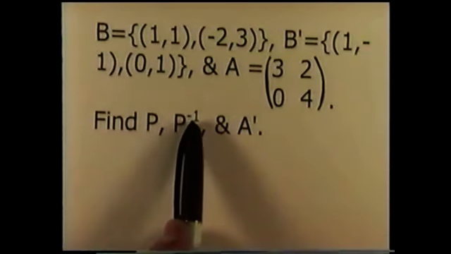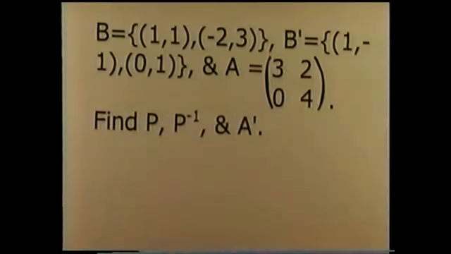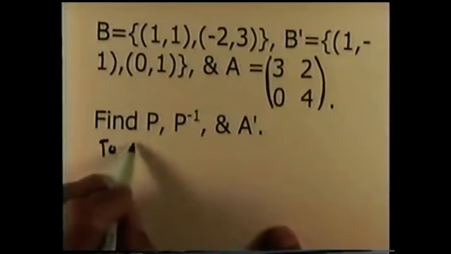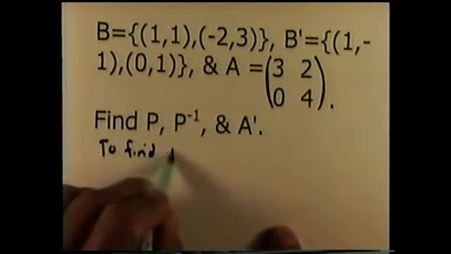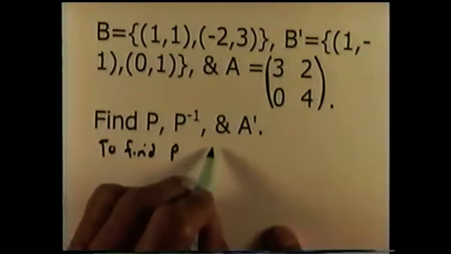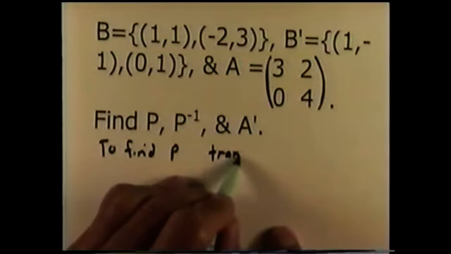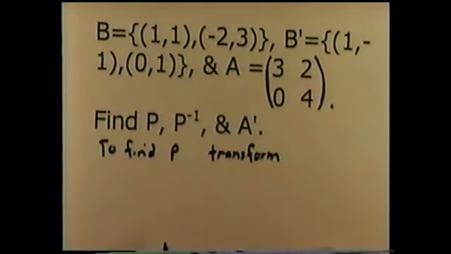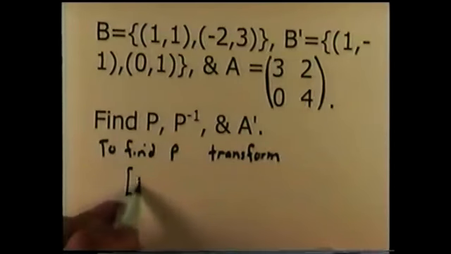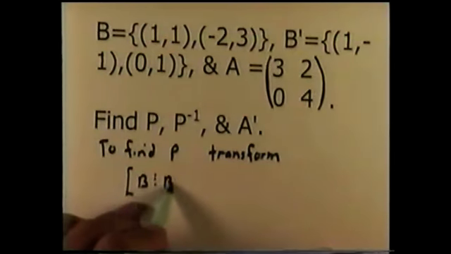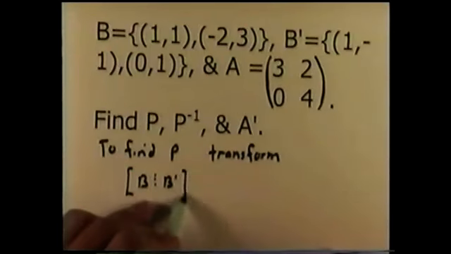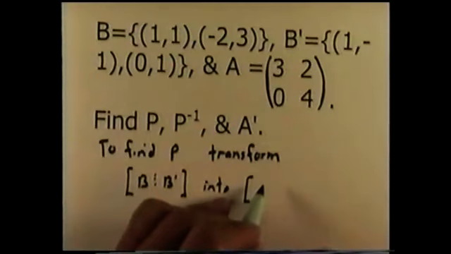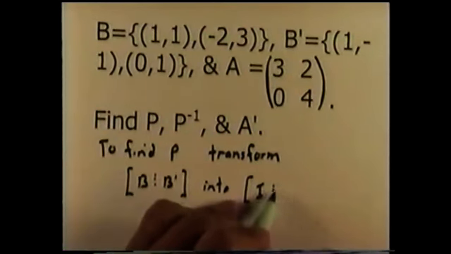Find P, P inverse, and A prime. To find P, what we want to do is to transform B prime into I P.